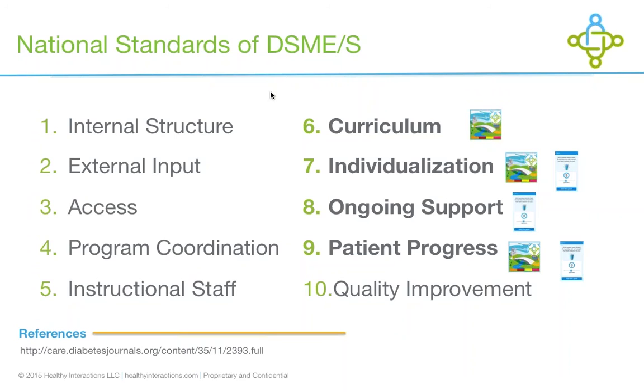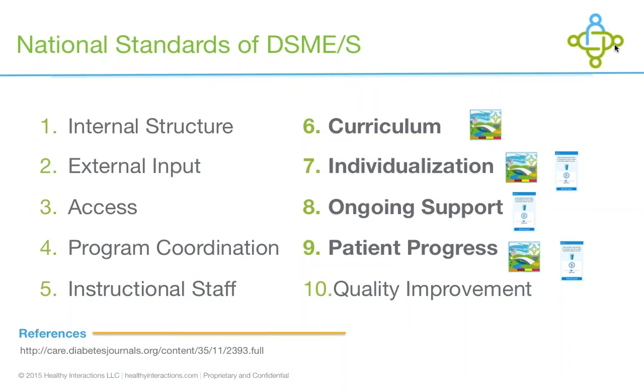You can also think about the app because on an ongoing basis you can communicate with the patient, and it's supporting different patients' asks or their needs at that time. Ongoing support, you can use the app for that. Patient progress, you can use the map and app for it. The other elements of the standards for DSME are part of your institution that is needed to get reimbursement for DSME.